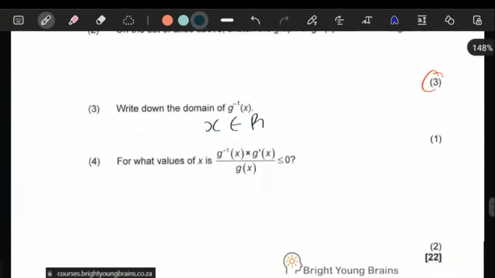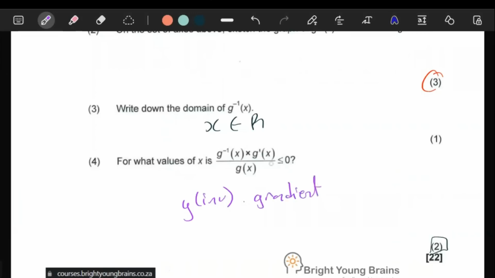It says for what values of x is this expression smaller or equal to 0? This is quite an interesting question, because as you can see, it's a 2-mark question, so you don't have to overthink it at all. You just have to know the logic behind what they're talking about. Here they're talking about the y value of the inverse of G multiplied by the gradient of G, the whole thing over the y values of G. That's the idea.